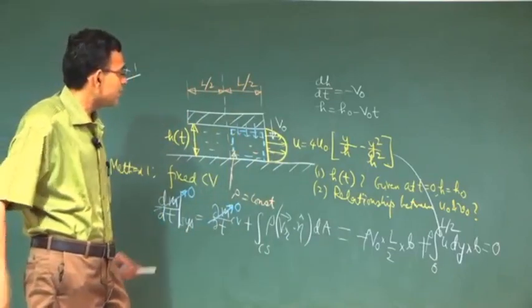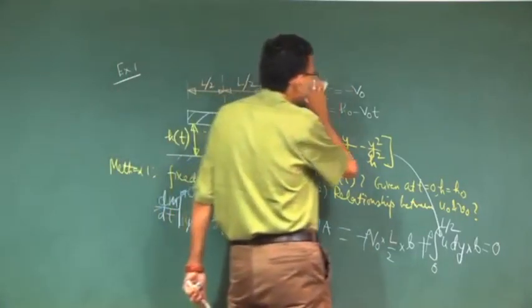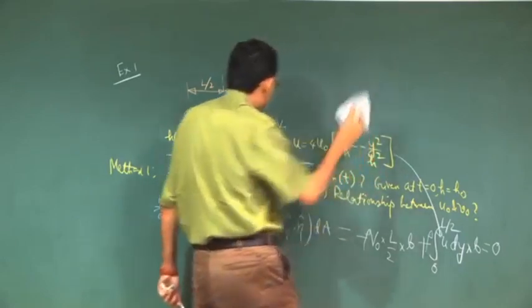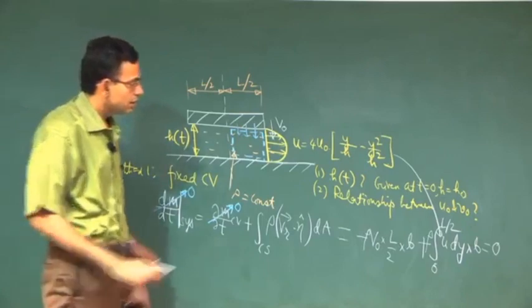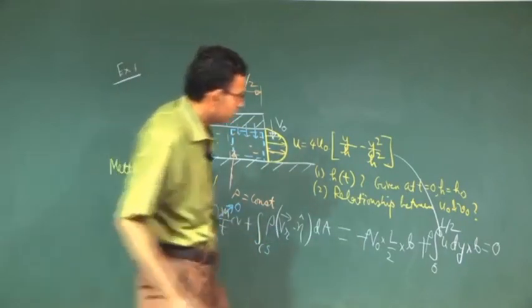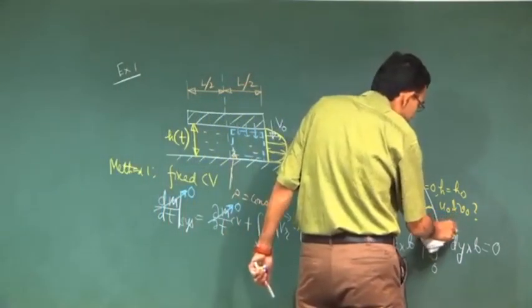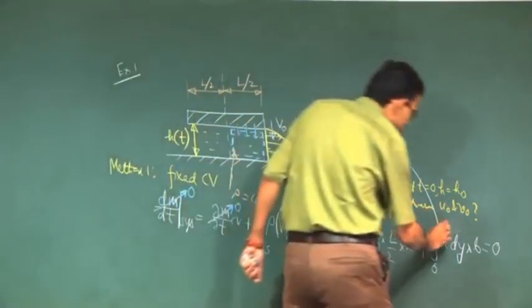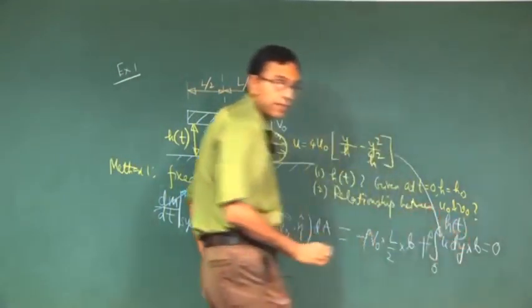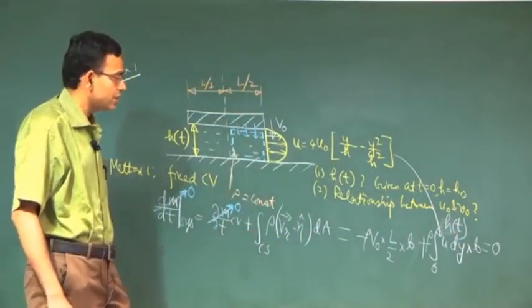Let us just for the sake of fun consider another method. Oh sorry, 0 to h, sorry, this is inertia of writing all the time, L by 2, okay, this is h, yes, 0 to h, right.